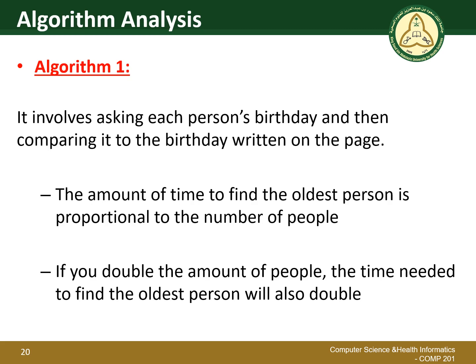So it is proportional to the number of the people. When you double the amount of people, the time needed to find the oldest person will also be doubled. So if I have 200 persons, I will need 400 seconds to solve the problem.